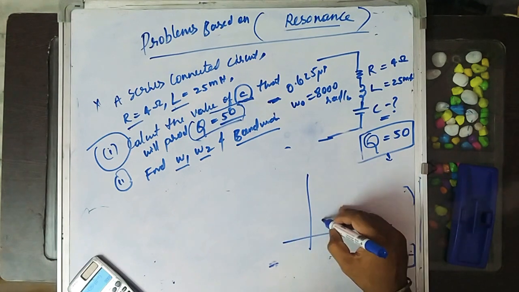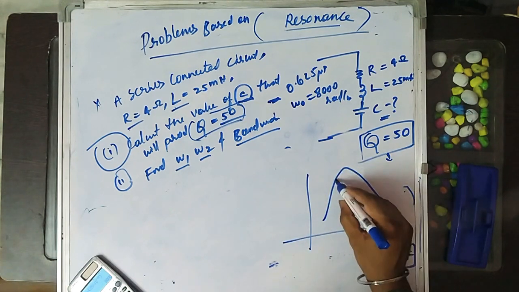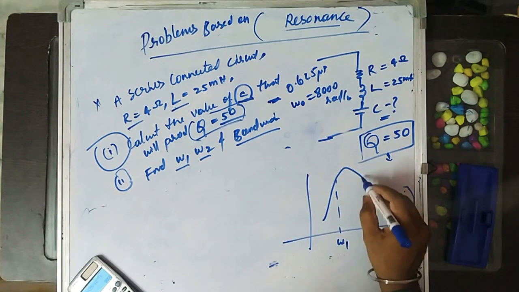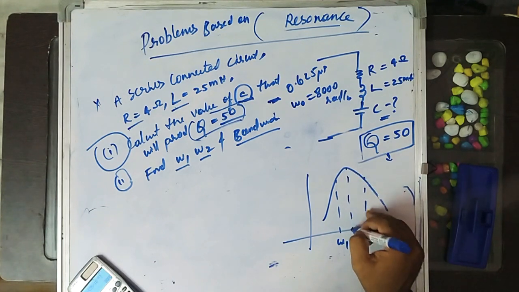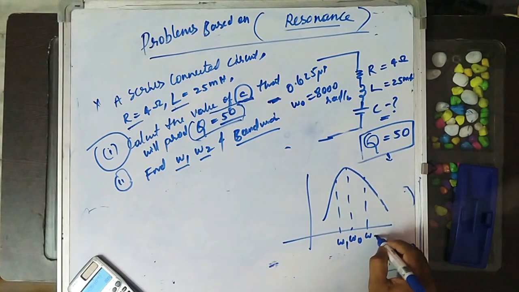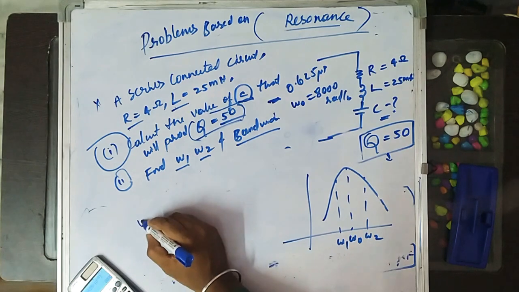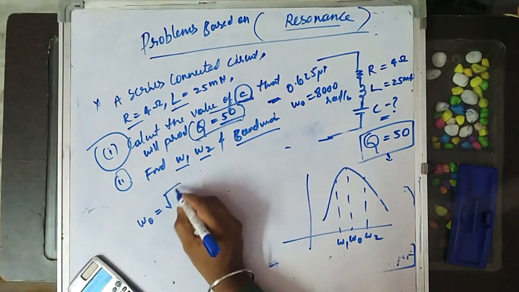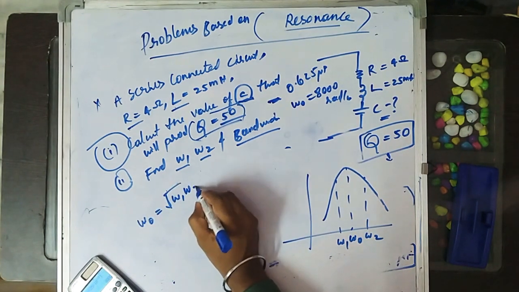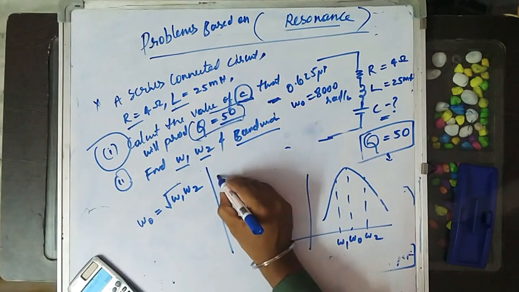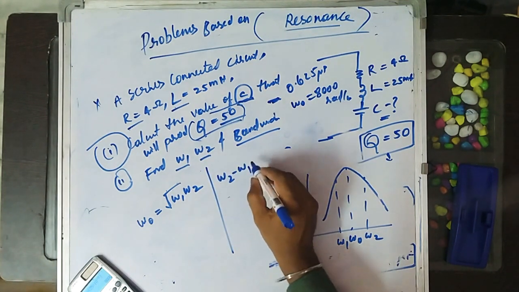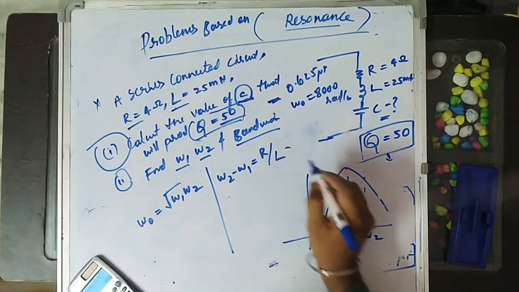Omega 1 is the lower cutoff frequency, omega 2 is the higher cutoff frequency, and you have the resonant frequency omega naught. We have the relation that omega naught equals the geometric mean of the lower cutoff frequency and higher cutoff frequency, and the bandwidth omega 2 minus omega 1 equals R by L.